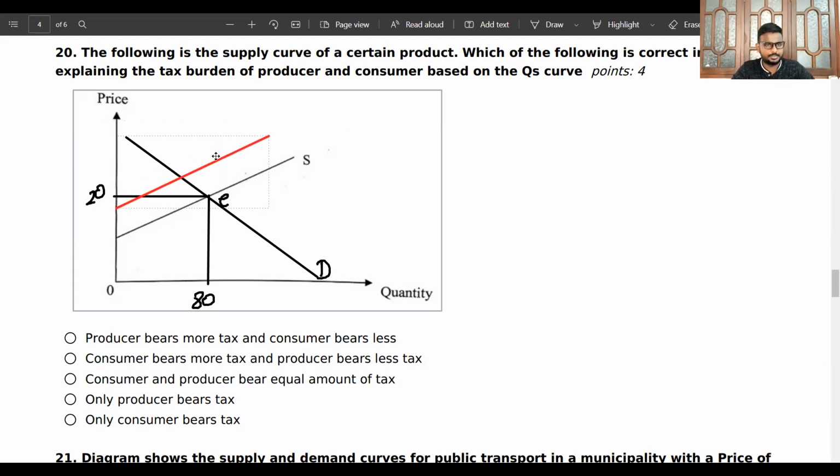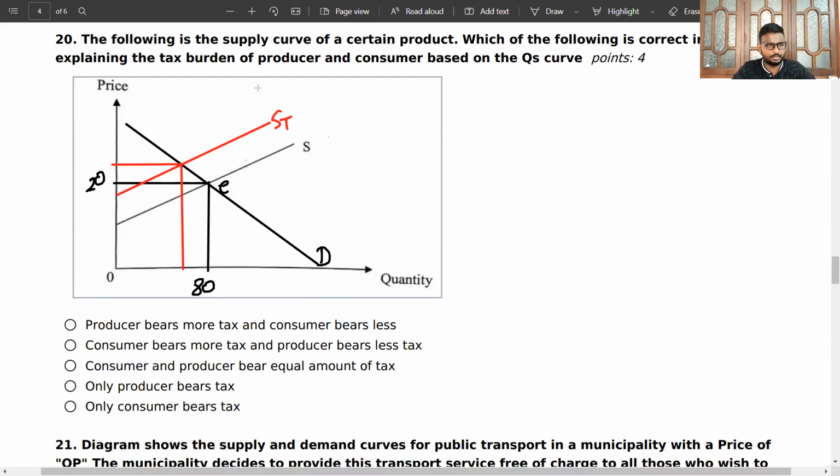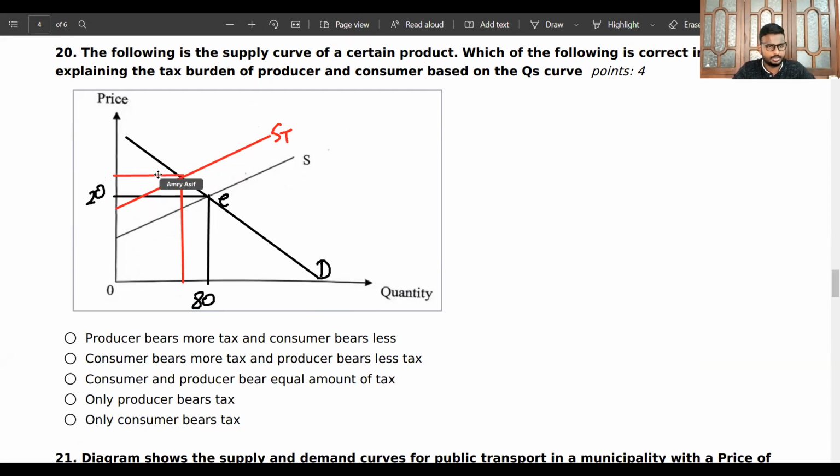And when that happens, you have a new supply curve, you have a new equilibrium point, equilibrium price and quantity, all okay. Right, in that scenario, if you see from 20, the equilibrium price has gone up. Now that is the consumer's burden part of tax, this part. That is the consumer's burden.